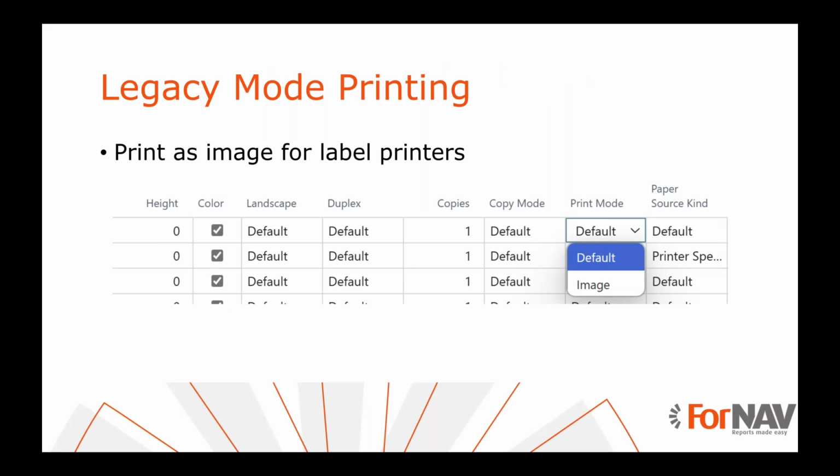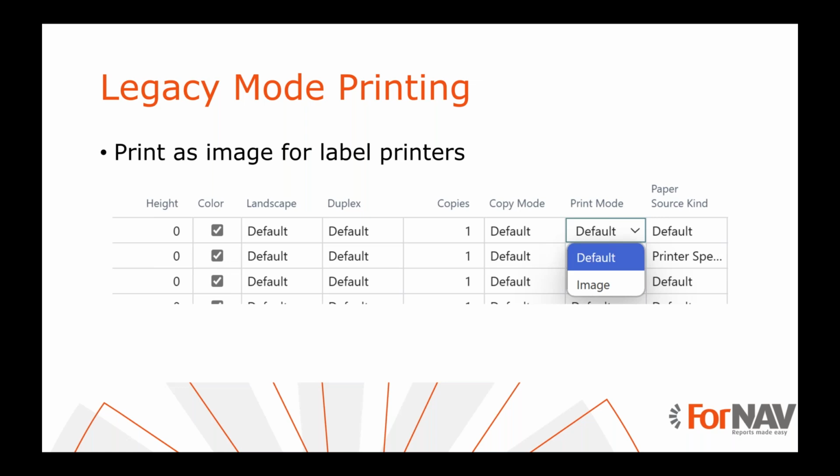Another thing we added in this recent version is something we call legacy mode printing. We have seen, especially for some label printers, that they don't support the latest version of the printing API in Windows. It's not only older printers, but also new printers with old drivers.